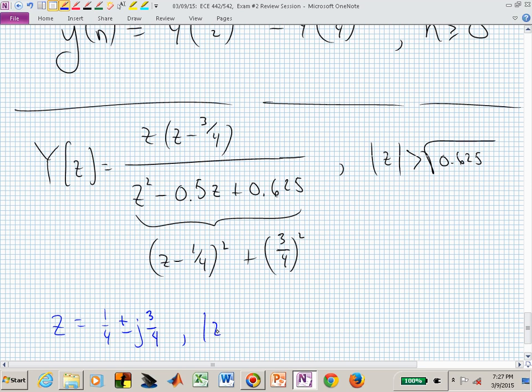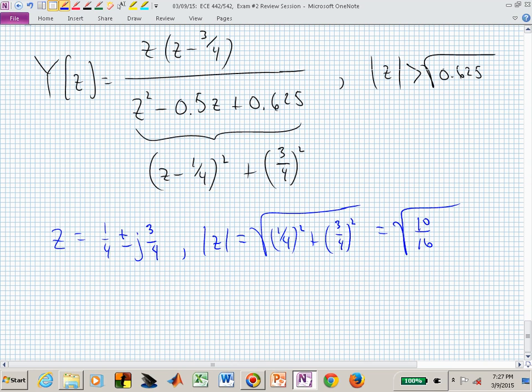And now you can find the distance that is away from the origin. That's now the square root of 10/16, or the square root of 5/8, which is this 0.625 that we had before.